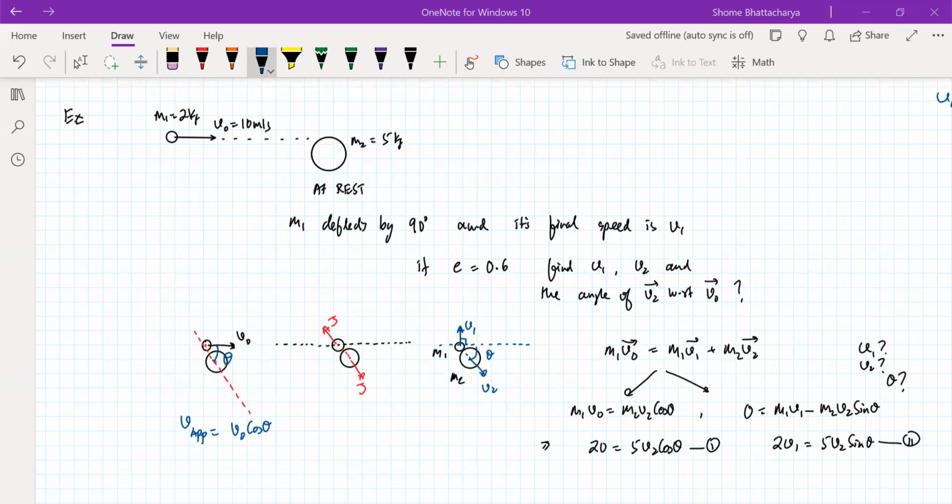And just after impact, you can see this is our center to center line.